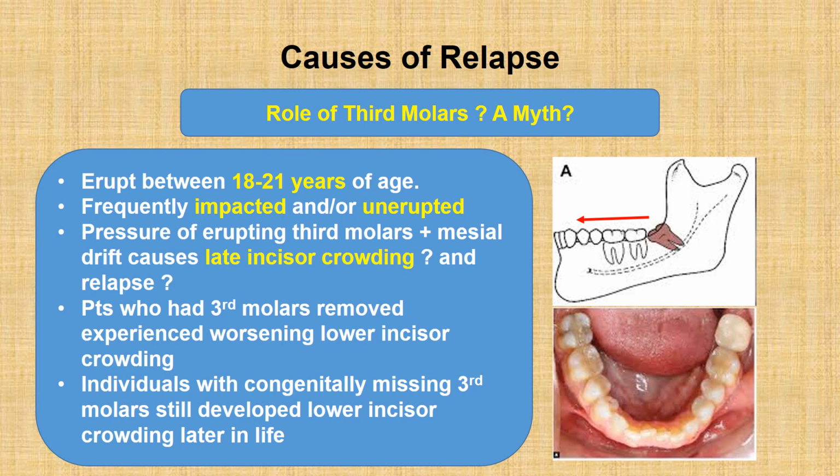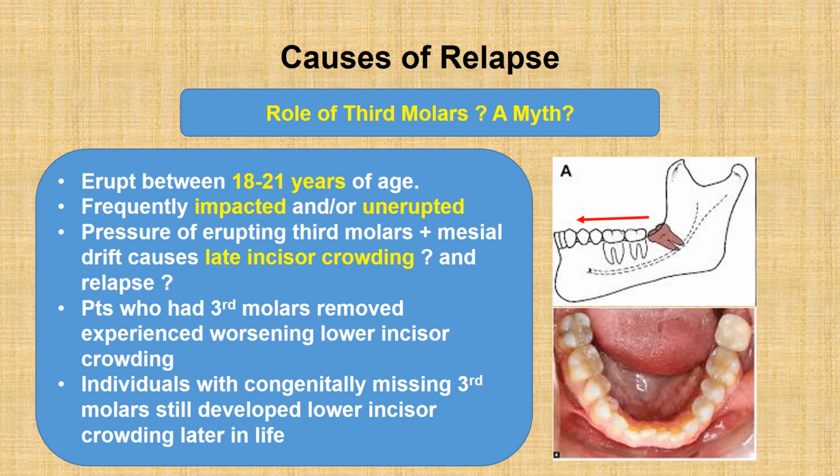Now, what is the role of third molars? Is there an effect in the relapse, especially of the anterior arch, or is it a myth? Now, third molars, as we know, erupt anywhere between 18 to 21 years of age, and very frequently they are impacted or unerupted. Now, it is believed that the pressure of the erupting third molars puts a mesial force on the dentition, which results in late incisor crowding, leading to relapse.